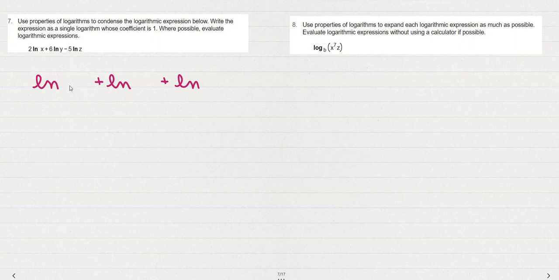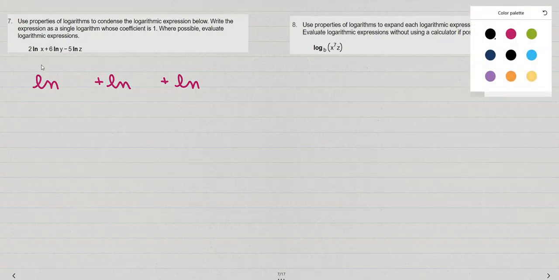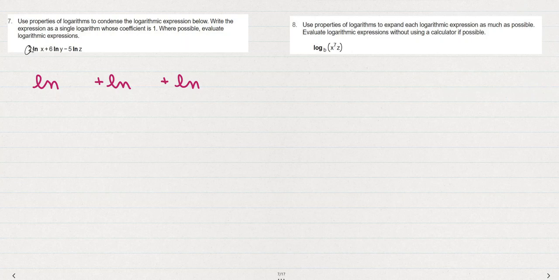So to start with, before I really get going with the condensing, I'm going to go in reverse with these coefficients, and they become powers, right? So we'd have the natural log, let me erase those so that I can read them clearly and get them written correctly. We'd have the natural log of x squared plus the natural log of y to the 6 minus the natural log of z to the 5.